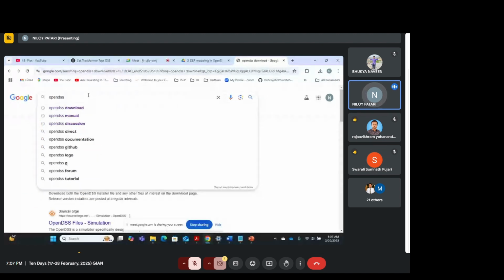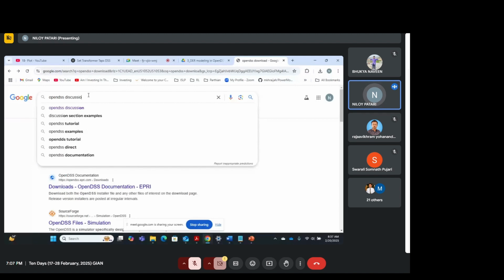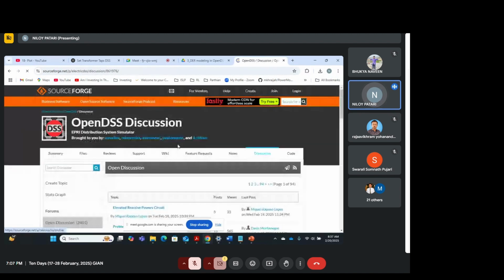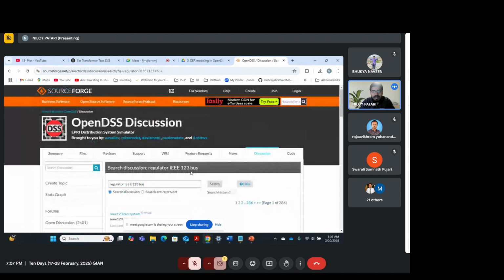Basically, here you can write just OpenDSS discussion, and then it sends you to this page in SourceForge where you can look. If you have any question on any topic, you can search, like regulator or IEEE 123 bus, and then you can find a lot of threads.